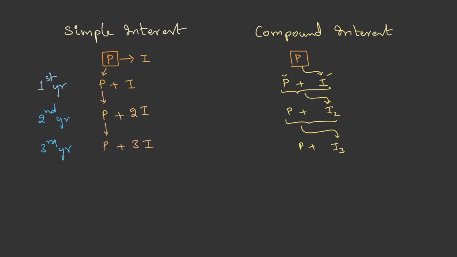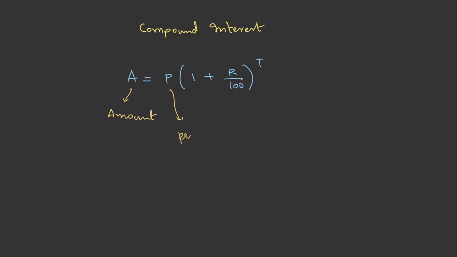Now let's get into the formula. In compound interest, amount equals principal into 1 plus r by 100 to the power t, where A is the amount and P is the principal taken, and r is rate of interest and t is time for which the amount has been taken.